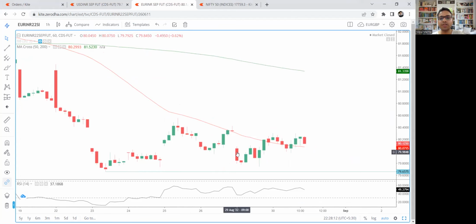But since we opened yesterday with a gap down, there was no place to go short. Okay, so today the price went up and was hovering at this 50 moving average zone. So we are still pretty much doing sideways. Nothing much in the euro INR pair today.